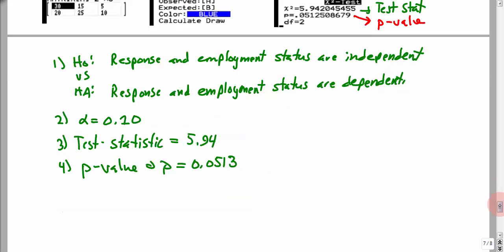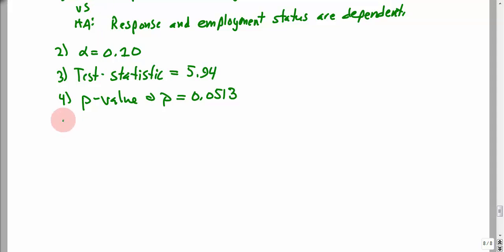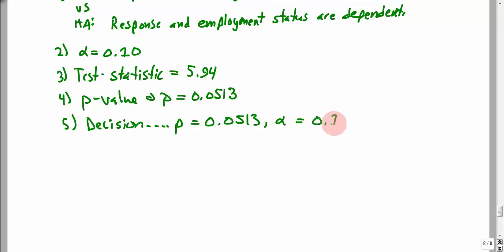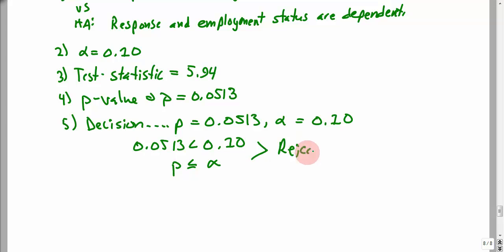Next, I'll make a decision. In order to make a decision, I need to know what p is. And I need to know that alpha is 0.10. Okay, so p, 0.0513, is less than 0.10. P is less than or equal to alpha, so then I'll reject H0.